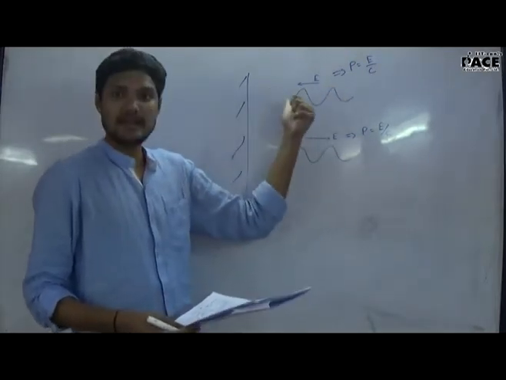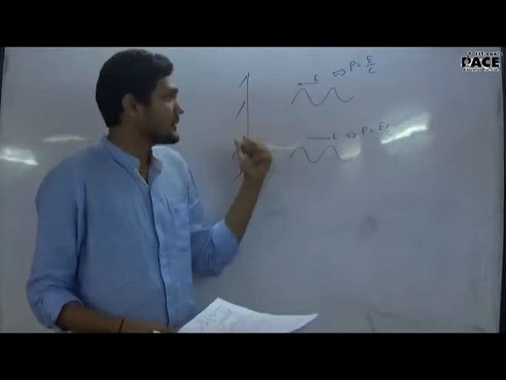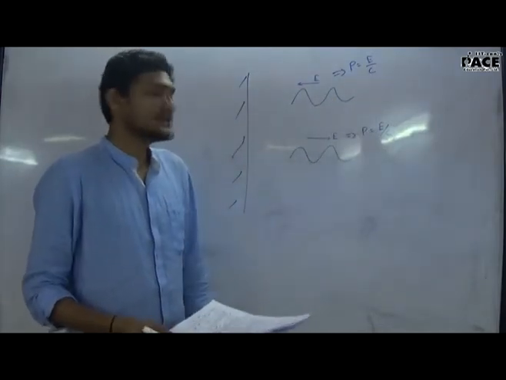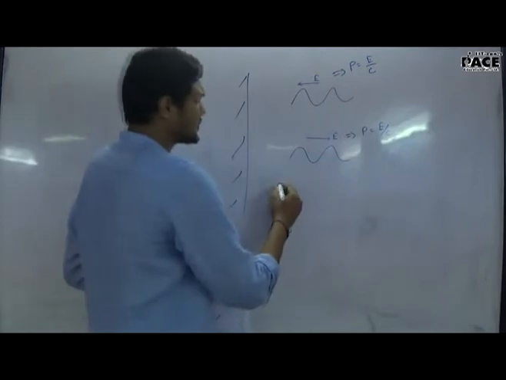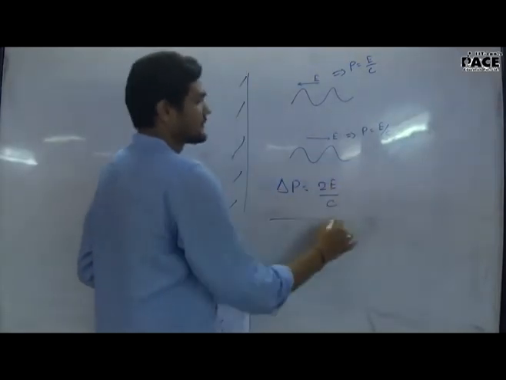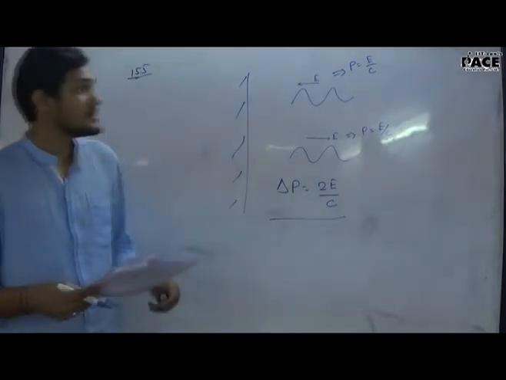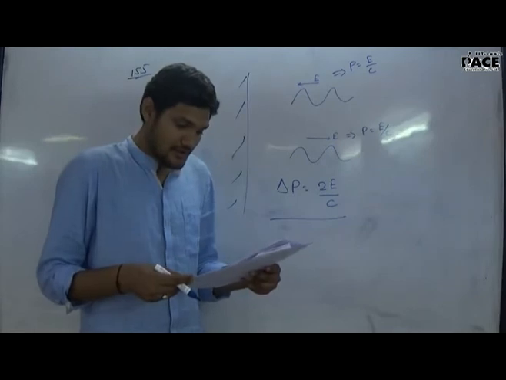Initial momentum was E by C in the positive x direction, and final momentum was E by C along the minus x direction. So the total momentum transfer, that is the change in momentum, is 2E upon C. So option 1 is correct.